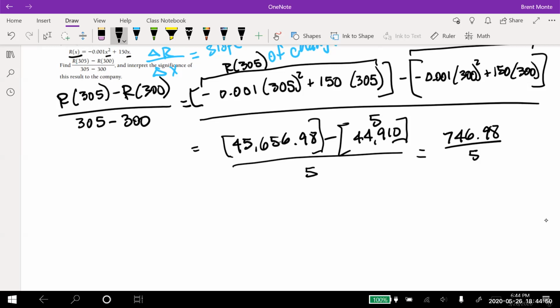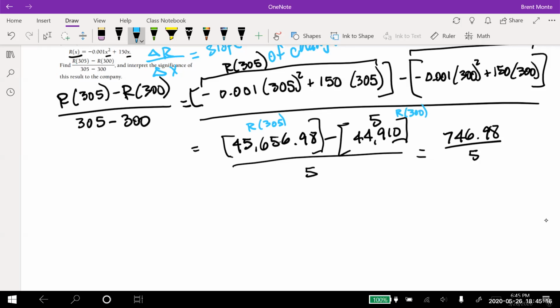This first piece here, let's do that in another color. This piece here was my R of 305. That means my total revenue for selling 305 of these iPod covers is $45,656.98. This value over here, my 5's kind of running into it, but this is my R of 300.